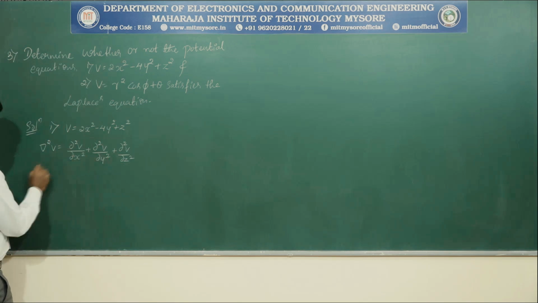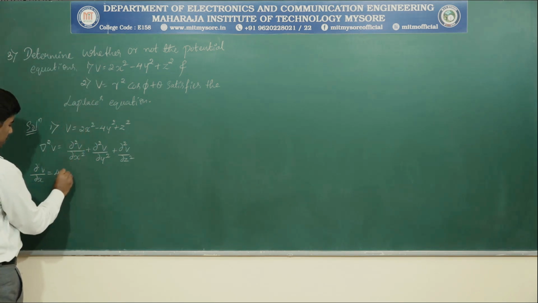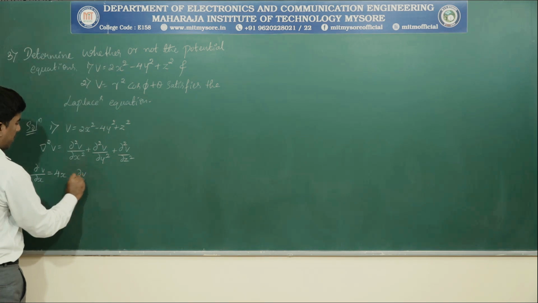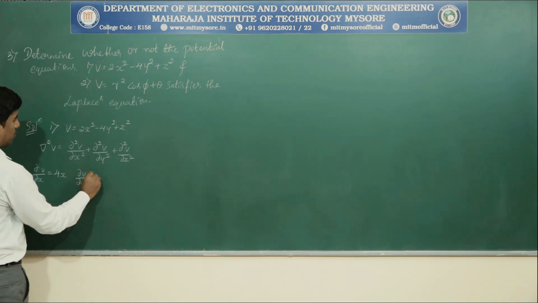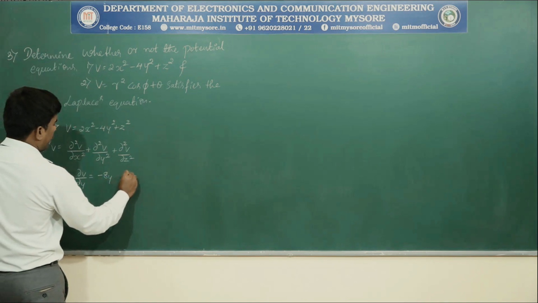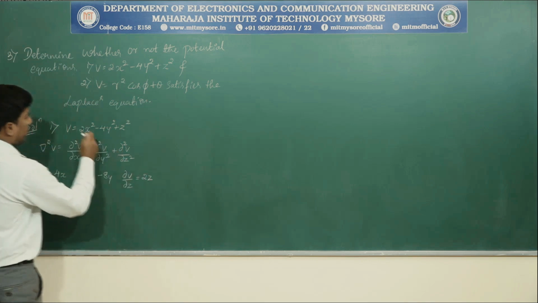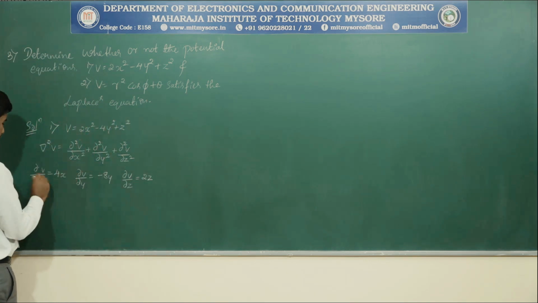So we need to evaluate all three components. Dou V by dou x is equal to 4x. Dou V by dou y is equal to minus 8y. Dou V by dou z is equal to 2z. Differentiation of all the three quantities.